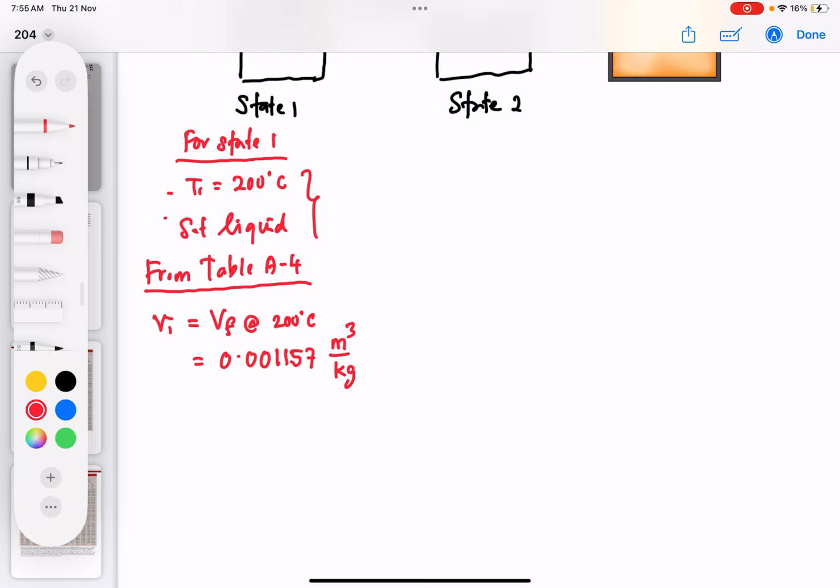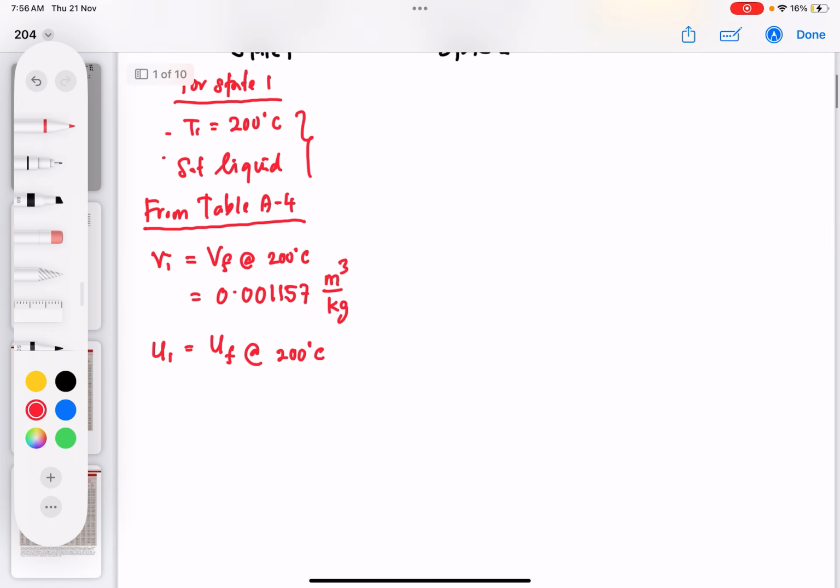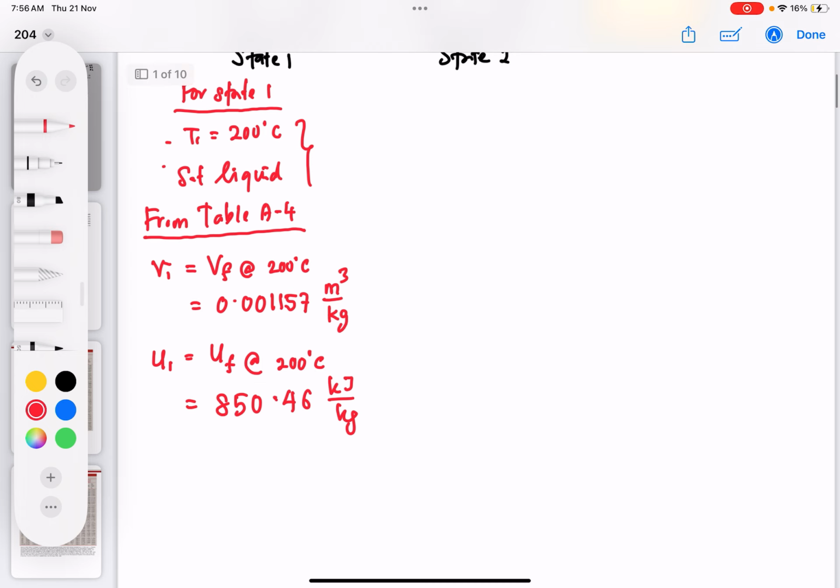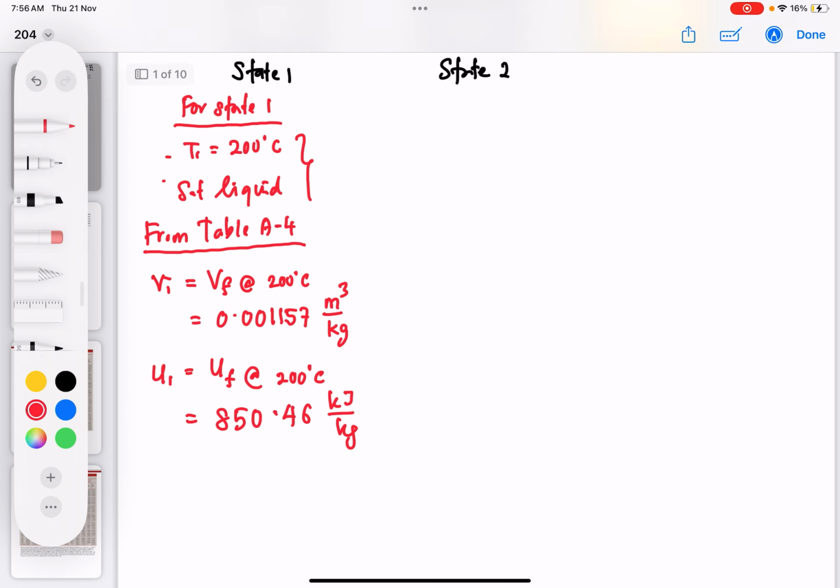And then I also have my internal energy for state 1. u1 is equal to uf at 200 degrees Celsius, which is equal to 850.46 kilojoule per kg.